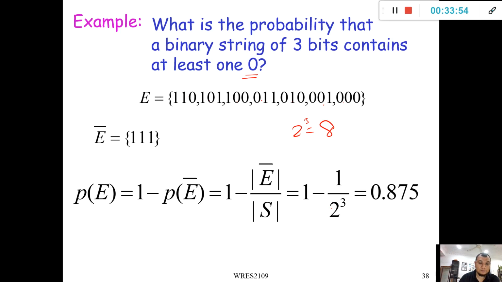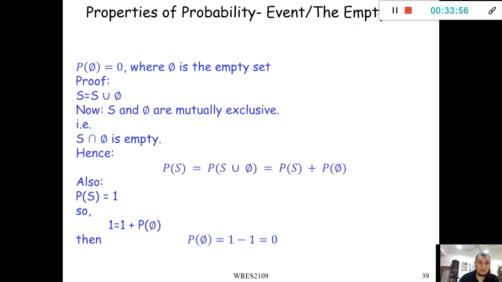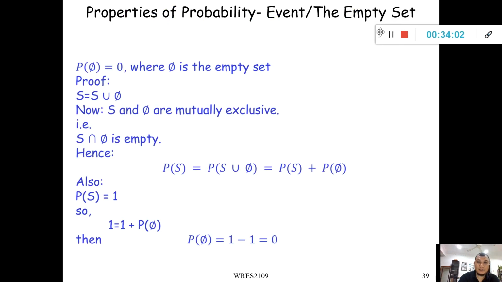Okay, the probability of an event, the empty set: P of the empty set is equal to 0. The probability of null is 0, where null is the empty set.